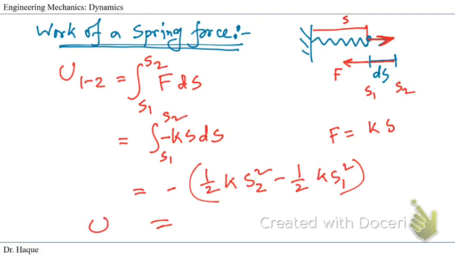So that will be our work of a spring. We can take the negative half k out of the equation, leaving s2 squared minus s1 squared. So this is the work of a spring force.